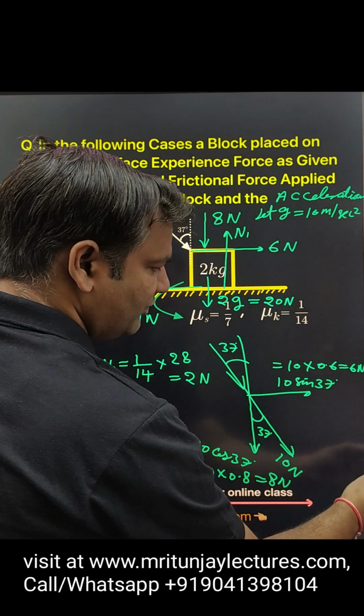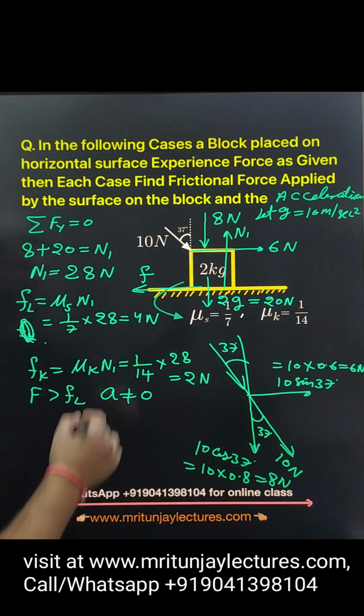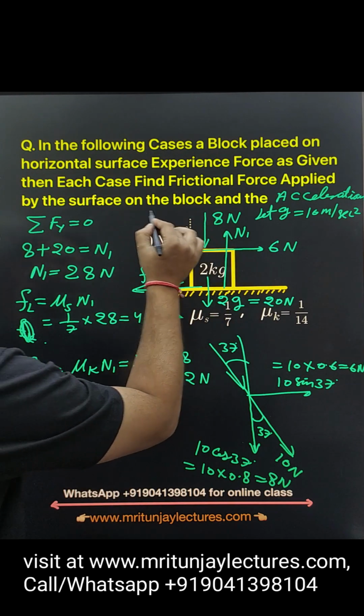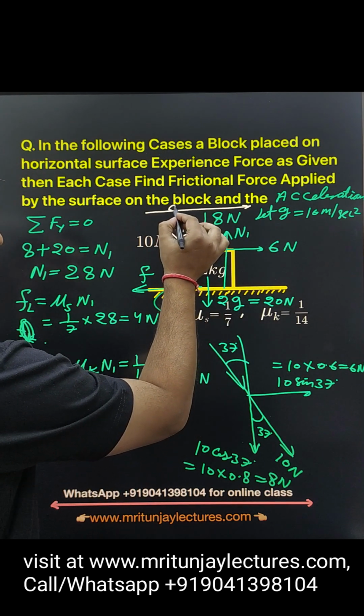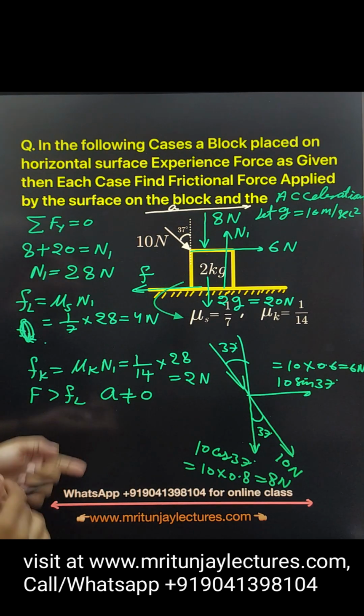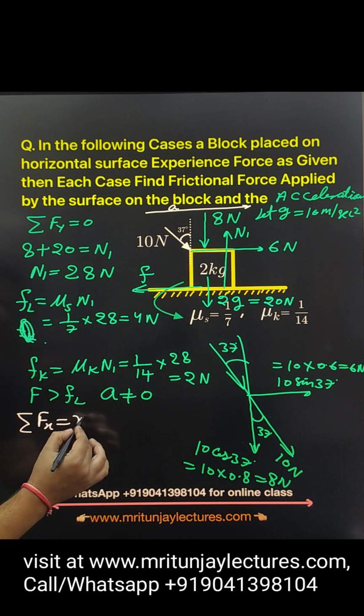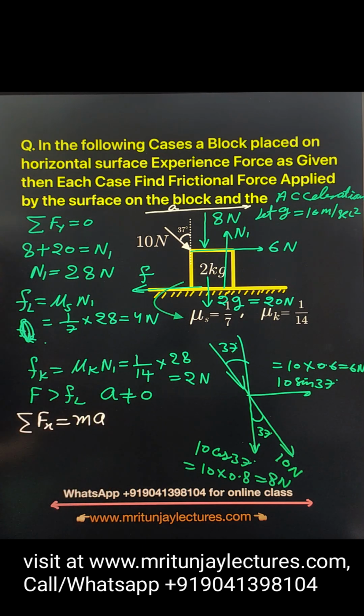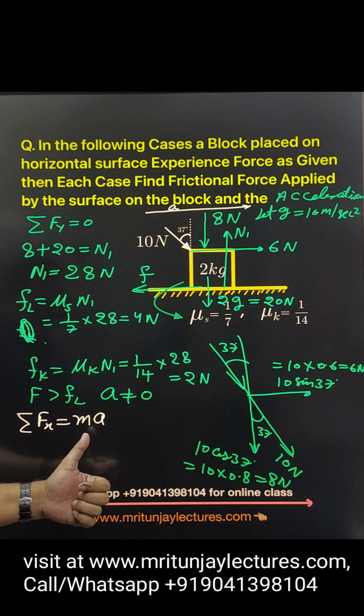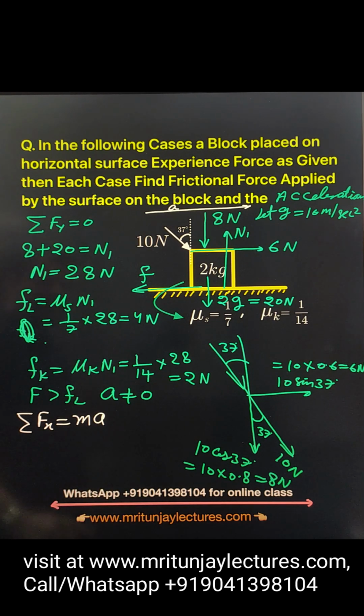If this block is moving along the positive x-axis, what about the acceleration of that block? Suppose that acceleration is a. So the net force in the x direction, F of x, is mass into a, according to Newton's second law: unbalanced force equals mass into acceleration.